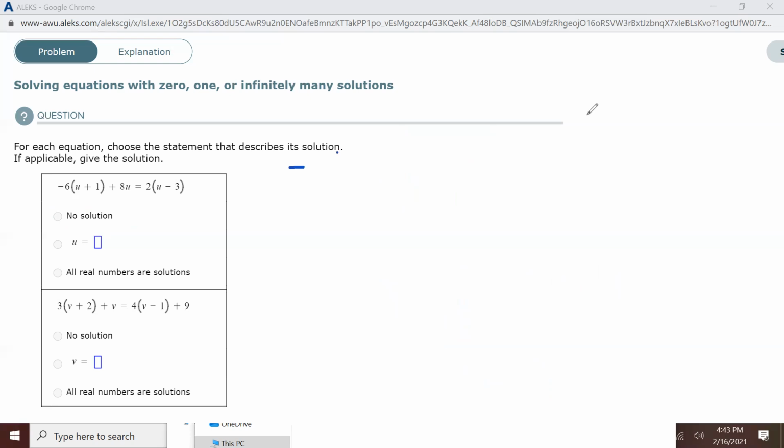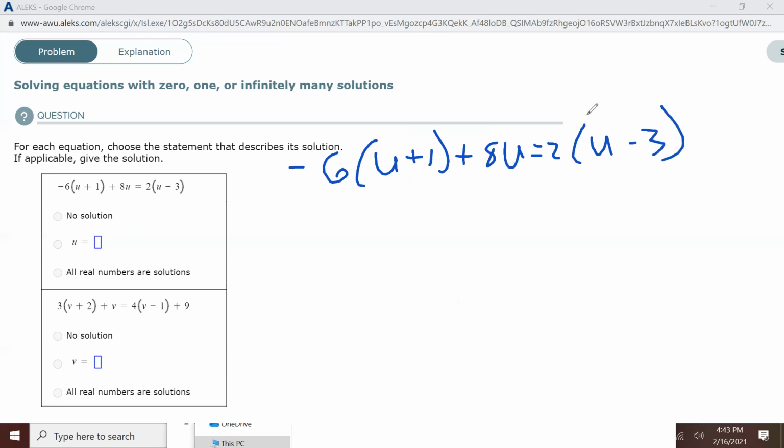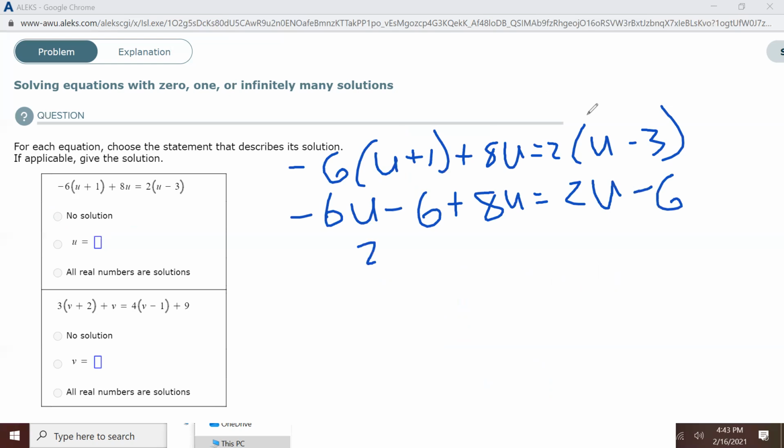For the first equation, just like we learned before, we need to multiply away the parentheses. So we get negative 6u minus 6 plus 8u equals 2u minus 6. Combining like terms, I get 2u minus 6 equals 2u minus 6.